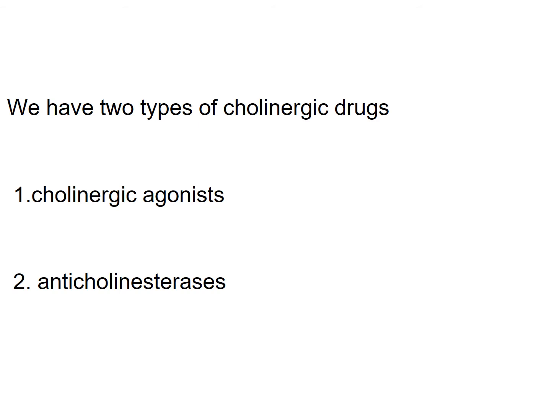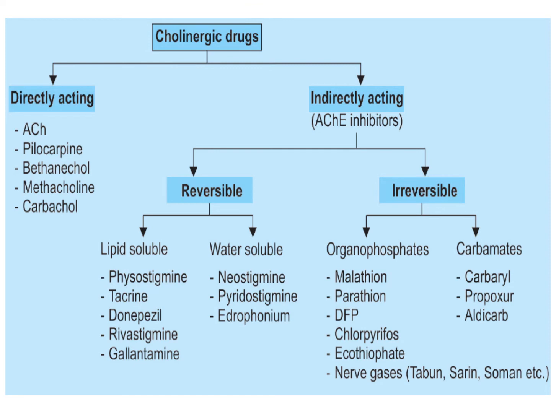So we have two types of cholinergic drugs, that is cholinergic agonists, which act directly by the cholinergic receptors, and the anticholinesterases, which act by inhibiting the acetylcholinesterase enzyme and thus increase the availability of acetylcholine into the synaptic cleft.